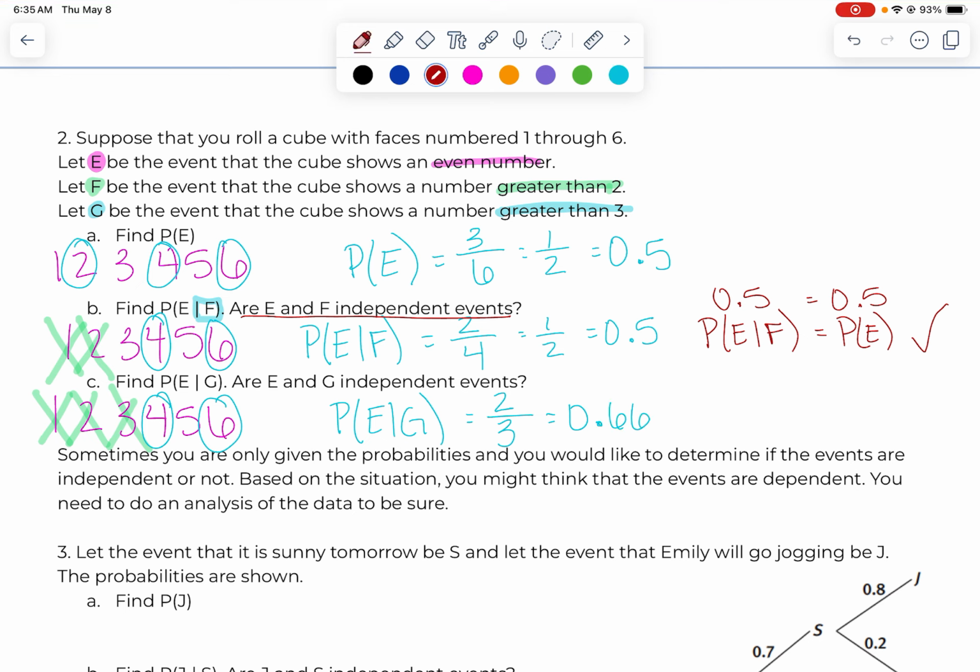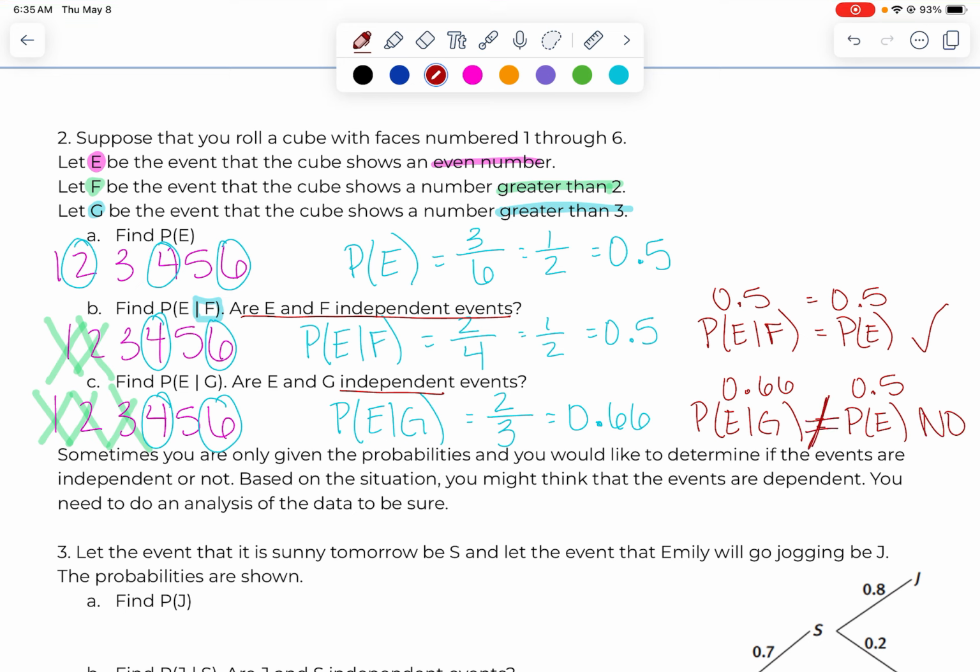So to find out if they are independent, we do probability of E given G, and we want to know, is it equal to the probability of E? So does 0.66 equal 0.5? The answer is no, they are not equal.